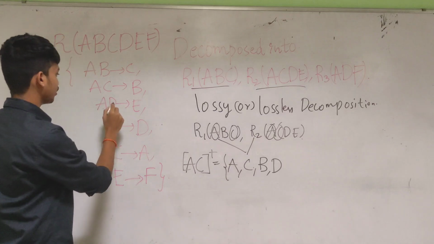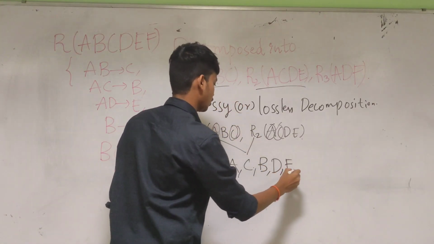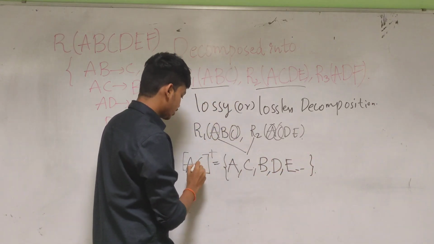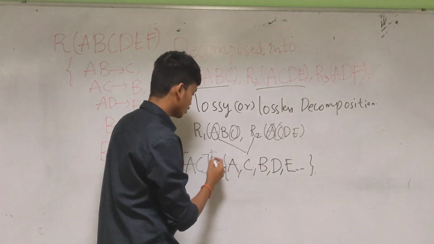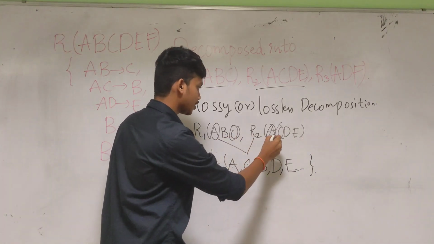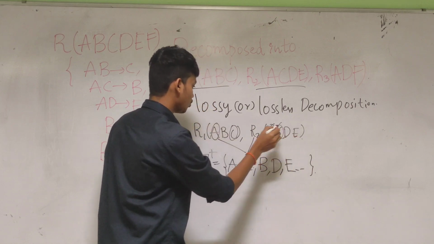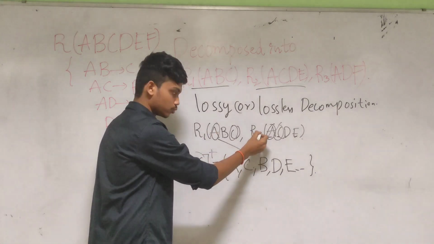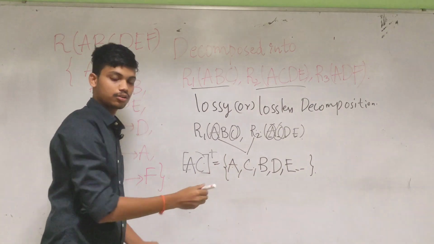With AD I can get E. This much is not required. Now with AC I am getting all the attributes of ABC, and with AC closure I am getting the attributes D and E also. So we can say that AC is a super key of both R1 and R2. So this join is a lossless join. Note it down.